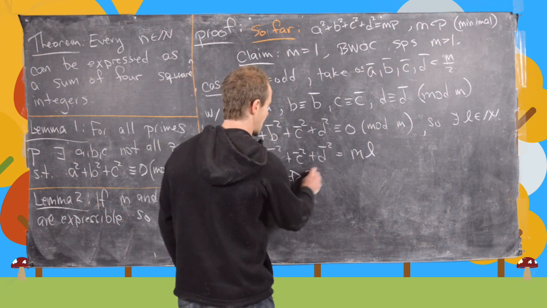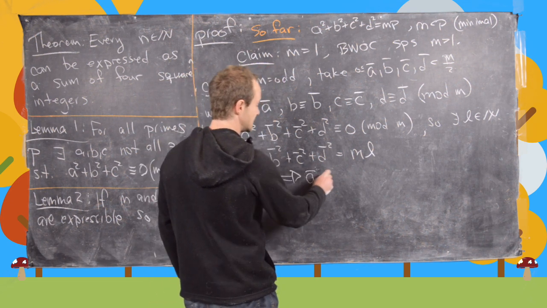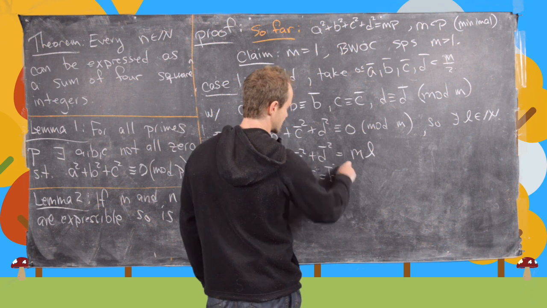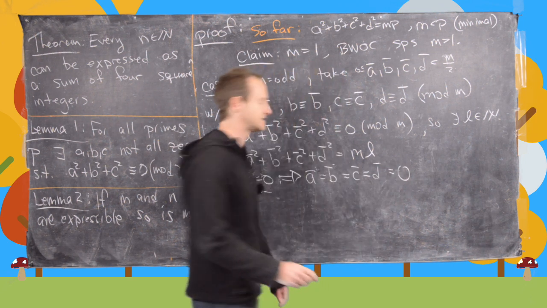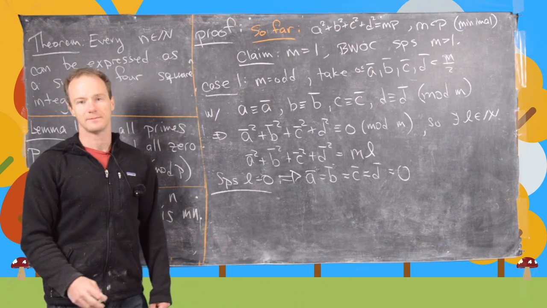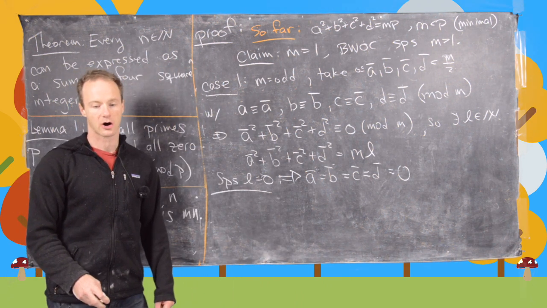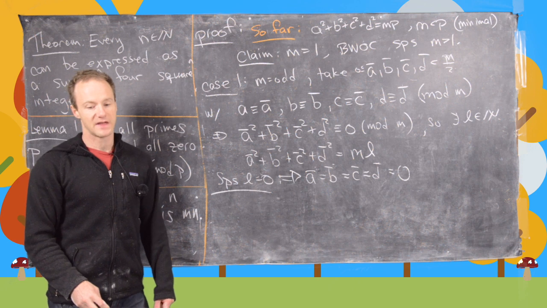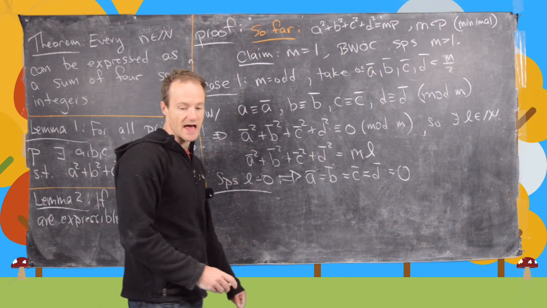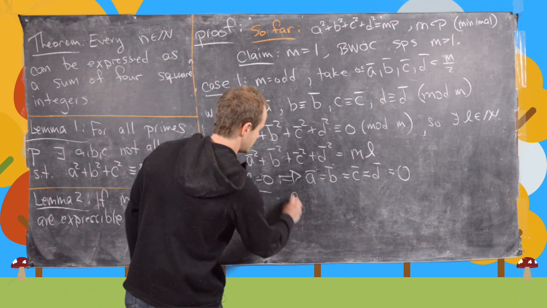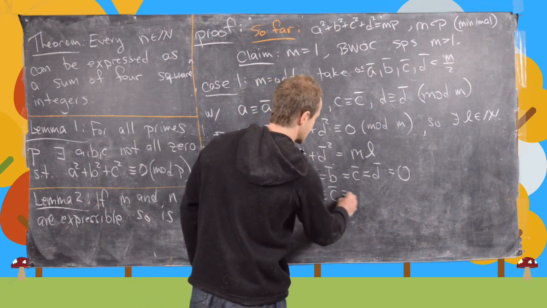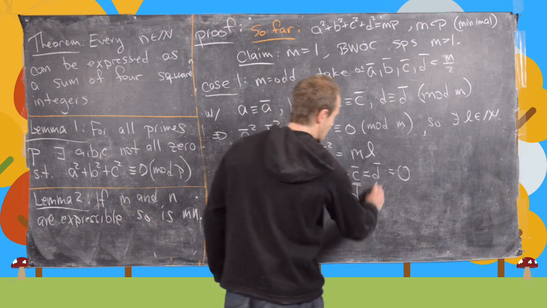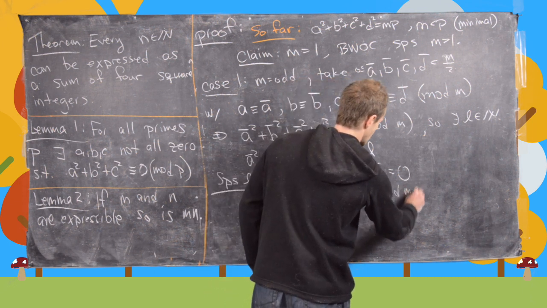So this tells you that a hat squared, b hat squared, c hat squared and d hat squared are all equal to 0, but that means the original numbers a hat, b hat, c hat, and d hat are all 0. But the next thing that tells us is that a hat is congruent to b hat, is congruent to c hat, is congruent to d hat, mod m.